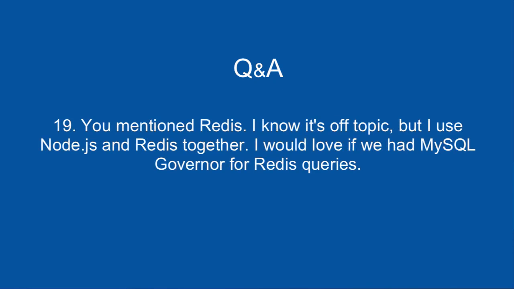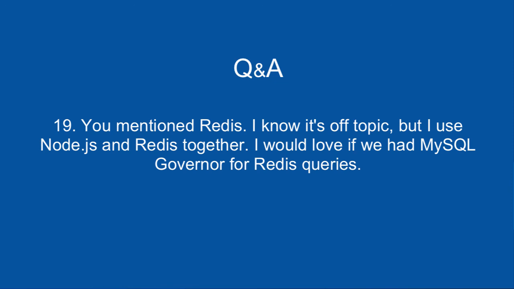You mentioned Redis. I know it's off topic, but I use Node.js and Redis together. I would love it if we had a MySQL Governor for Redis queries. Well, we will not have a MySQL Governor for Redis, but if you think about it, Redis actually takes very little memory.